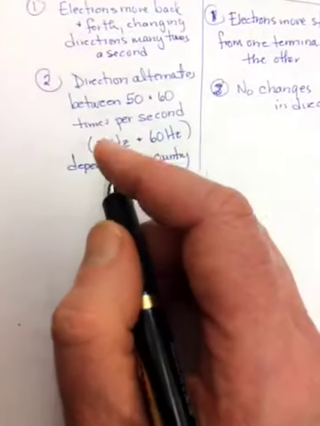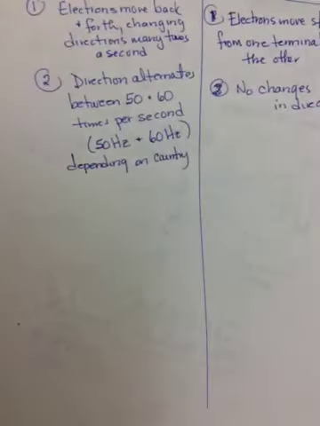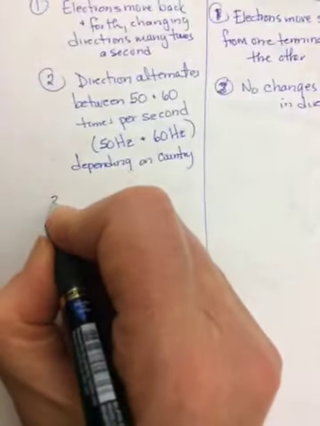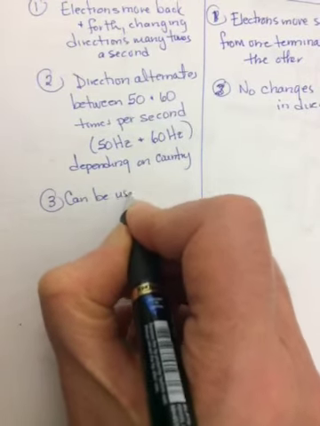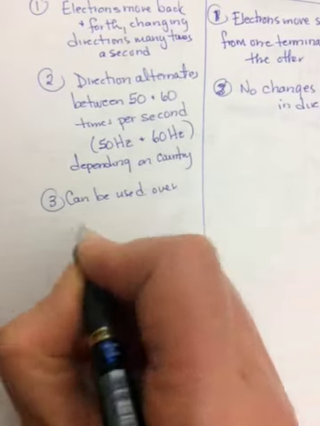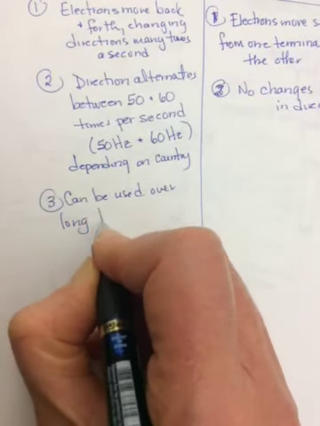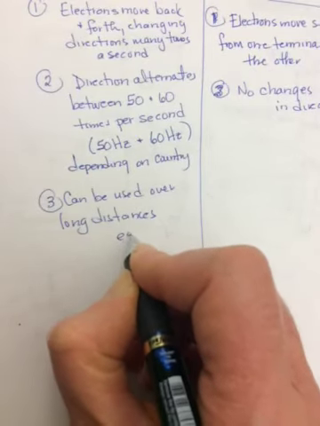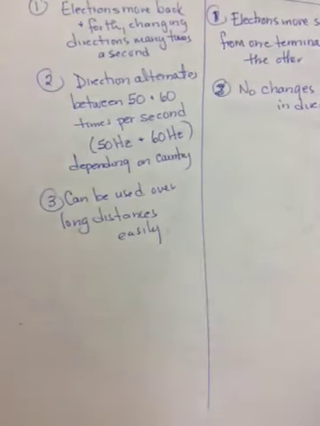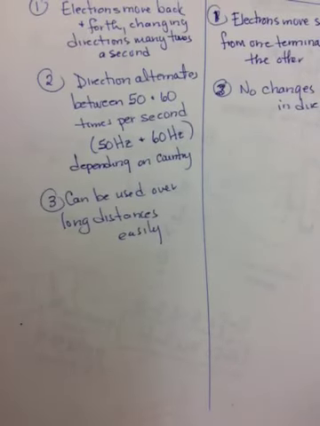Next would be that it can be used over long distances easily. Why am I writing this? I could just say it and you could write it. Can be used over long distances easily.